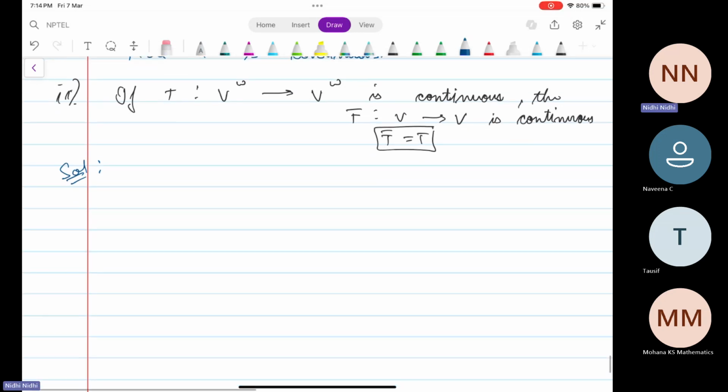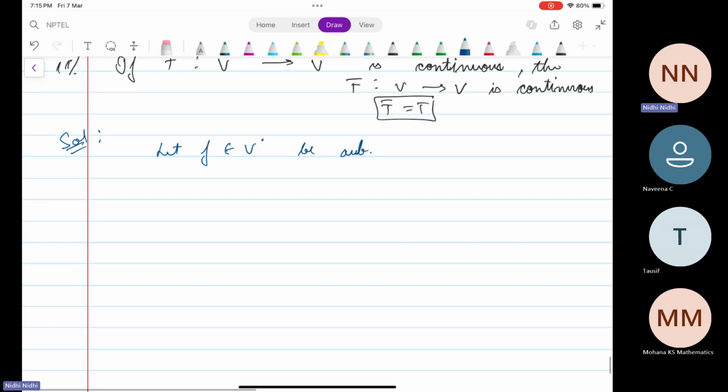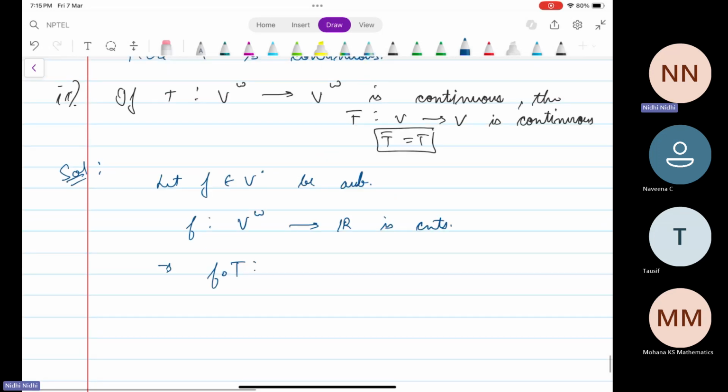Now, for any F in V star, let F be arbitrary. Again, by definition of the weak topology, we know that F from V weak to R is continuous. This implies F composed with T from V weak to R is continuous.